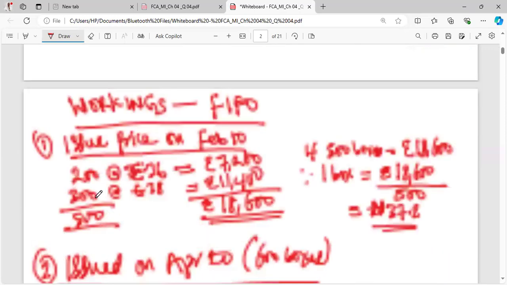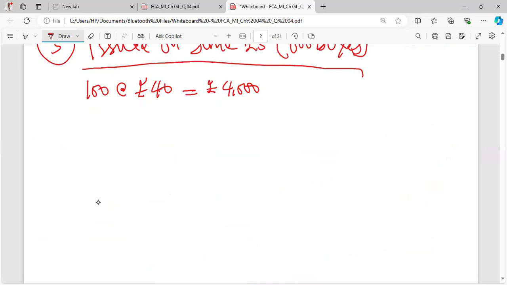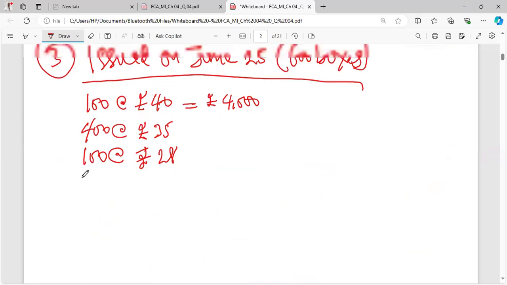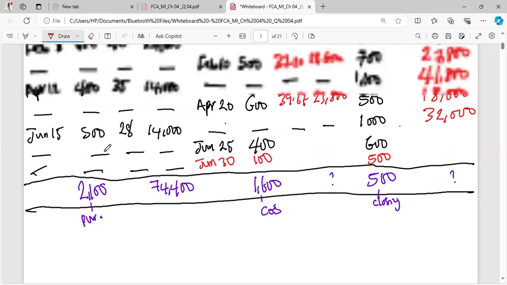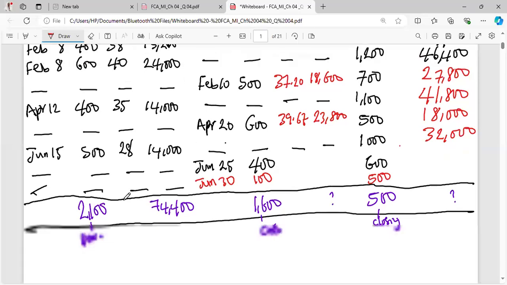So this is 400 at 35, then 100 at 28. We verify if it is 28. Yes.